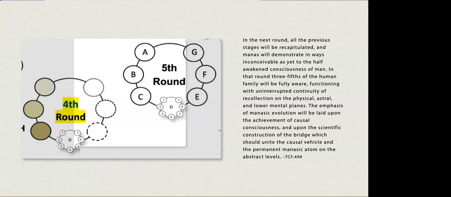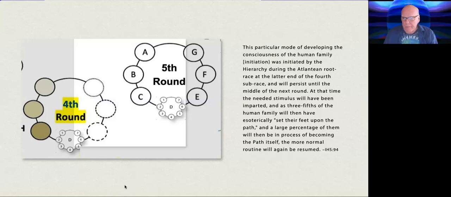The emphasis of monastic evolution will be laid upon the achievement of causal consciousness and upon the scientific construction of the bridge which should unite the causal vehicle and the permanent monastic atom on the abstract levels.